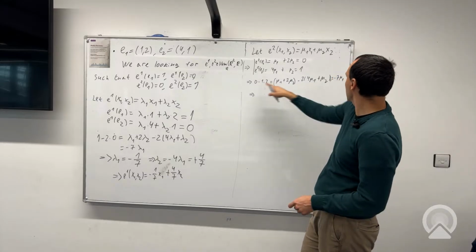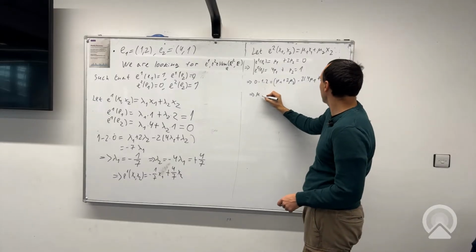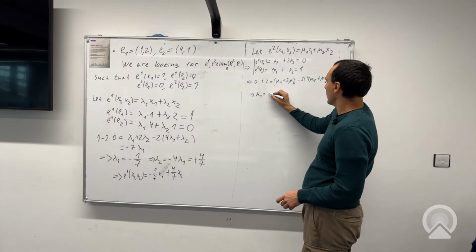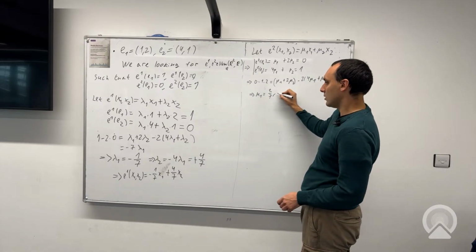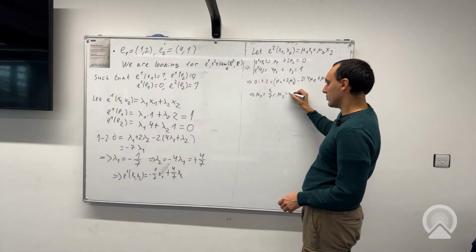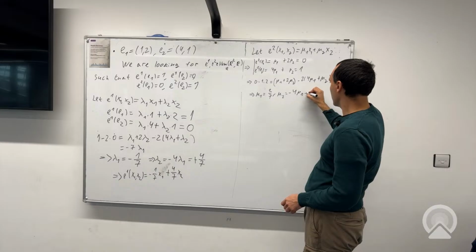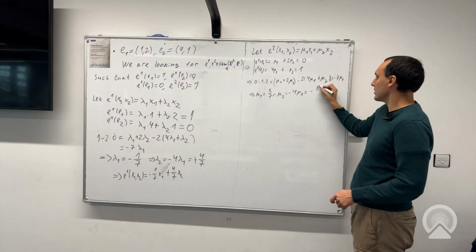So we get minus 2 equals minus 7 mu1, so mu1 is 2/7, and mu2 is minus 4 mu1, which is minus 8/7.